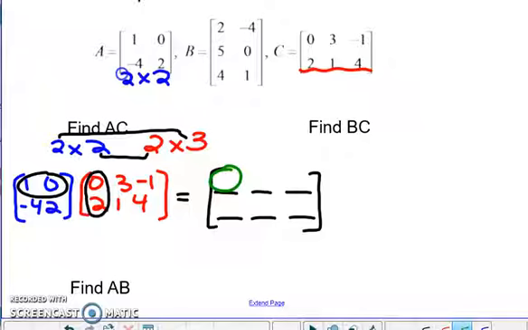I'm going to go 1 times 0, and add 0 times 2. So I'm going left to right and straight up and down. 1 times 0, 0 plus 2, 0 plus 0 is 0.